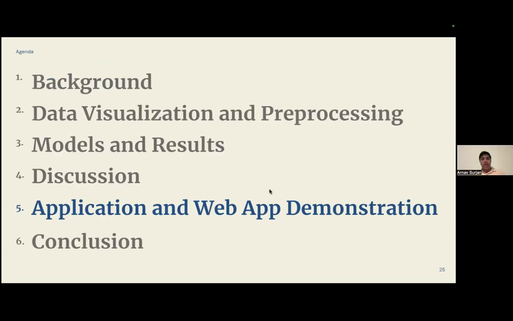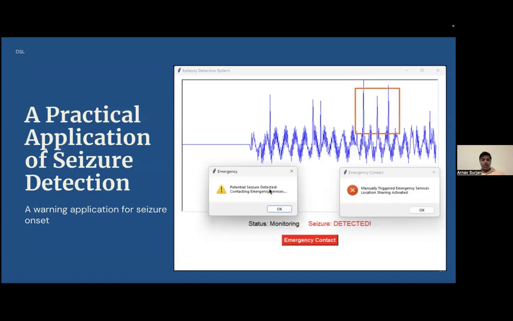Moving on to our application, we developed a prototype GUI using Tkinter to simulate real-time seizure detection. This application included features like signal visualization, as well as an emergency alert system for hospitals.